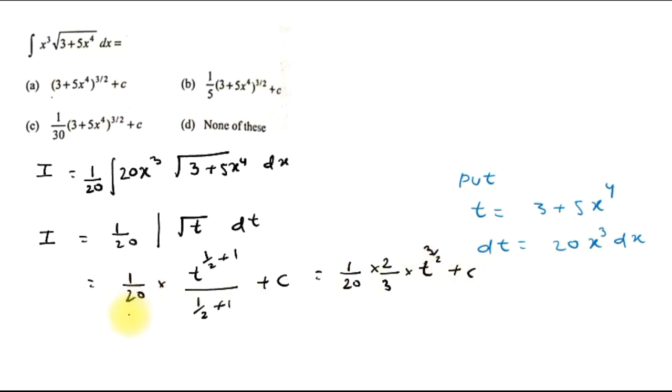So if we put the value of t, this is equal to 1 over 30 into 3 plus 5x to the power 4 raised to the power 3 by 2 plus integration constant c. So if we look at the options, option C, which is 1 over 30 into 3 plus 5x to the power 4 raised to the power 3 by 2 plus c, is correct one.